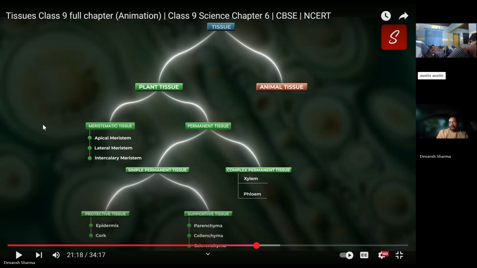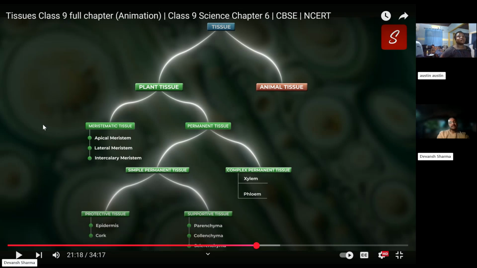So we have tissue. There are two types of tissue: plant tissue and animal tissue. Under plant tissue, there are two types: meristematic tissue and permanent tissue. Under meristematic tissue, there are apical meristem, lateral meristem, and intercalary meristem.